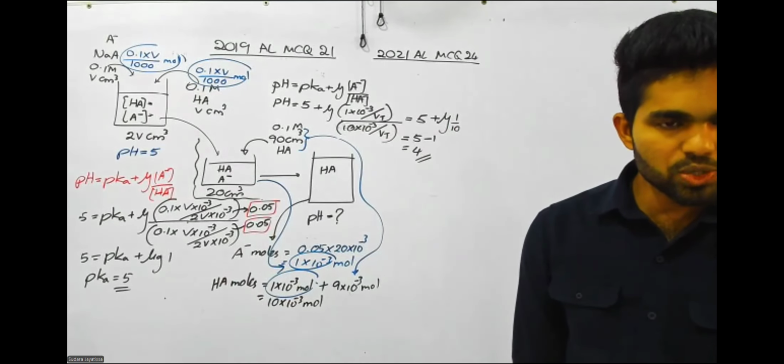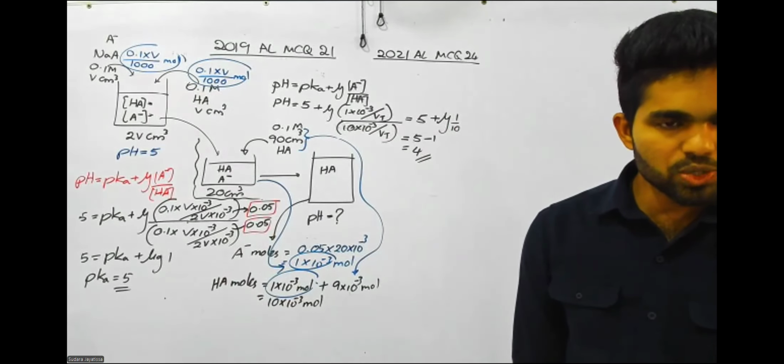Kind of similar to the earlier question. So it is a buffer. The two components are HA and A minus. Concentrations are 0.1 and 0.1.